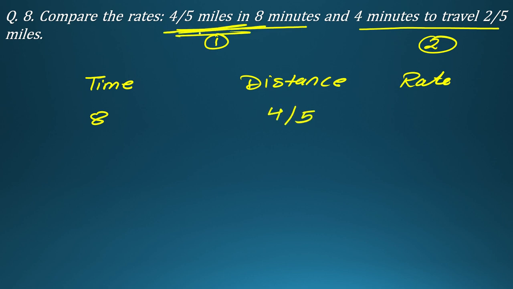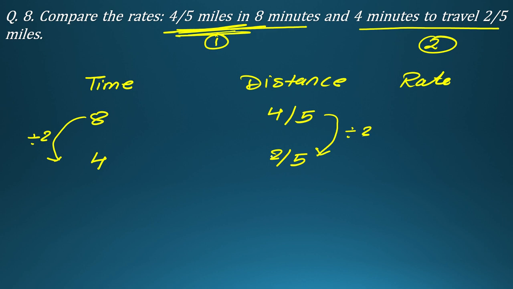And for the second, time is 4 minutes and the miles are 2 by 5. Now what you can see here is that this is half, divided by 2, then you get this number. And if you divide 4 by 5 by 2, then again you will get the same number. So you can say both rates are the same.